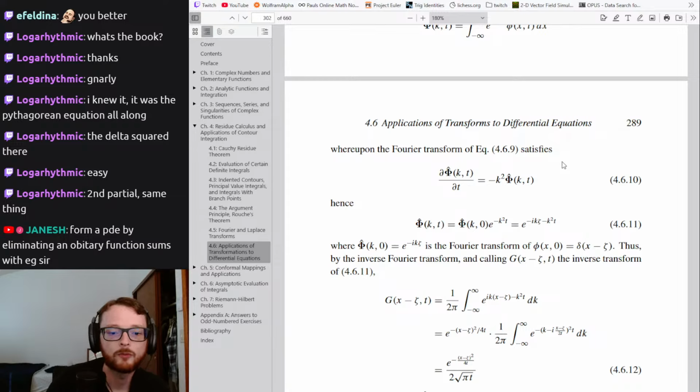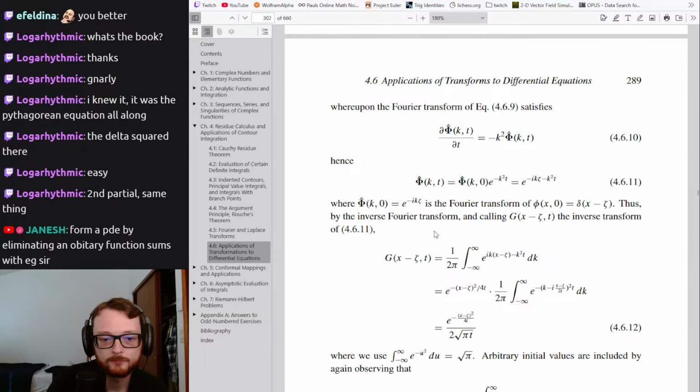Okay, but yeah, so this is the Fourier transform of the boundary condition, which was the Dirac delta function. By the inverse Fourier transform.